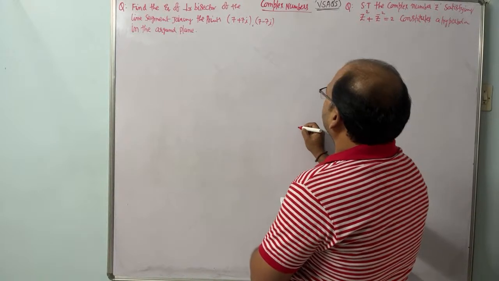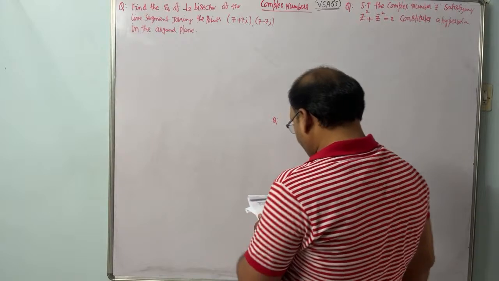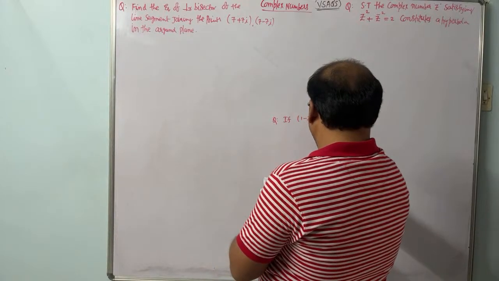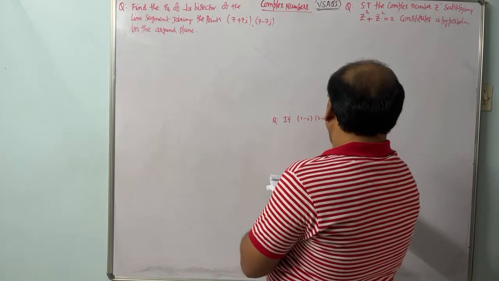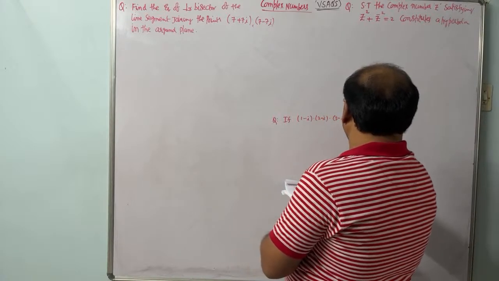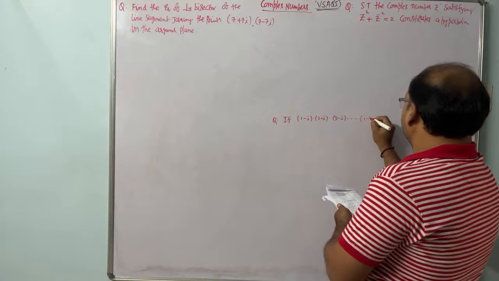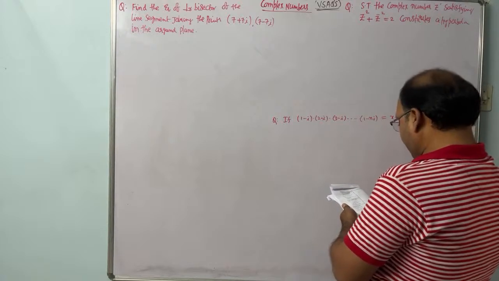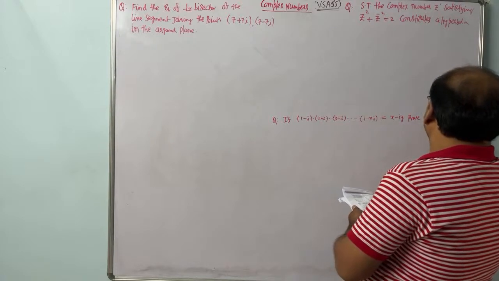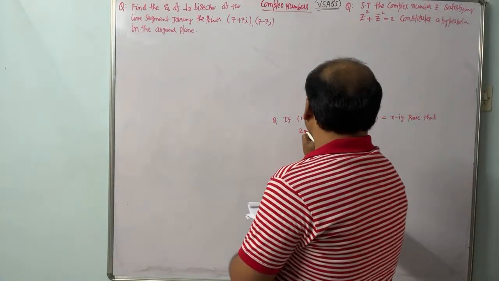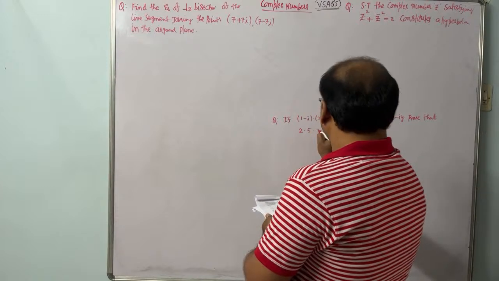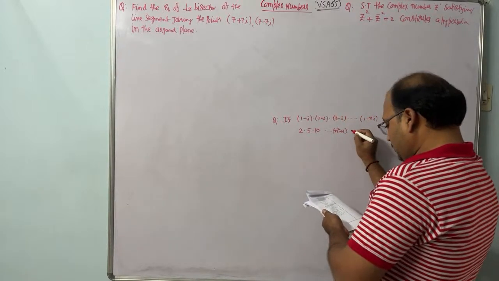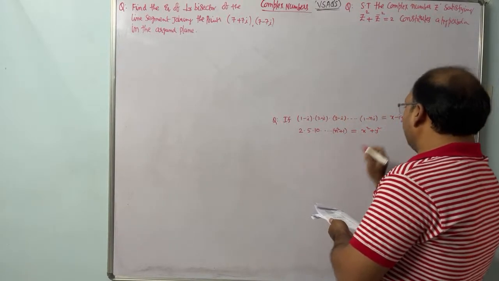So next and last foremost question. If (1 minus i)(2 minus i)(3 minus i) and so on up to (1 minus ni) is equal to x minus iy, prove that 2 into 5 into 10 into and so on into (n square plus 1) is equal to x square plus y square.